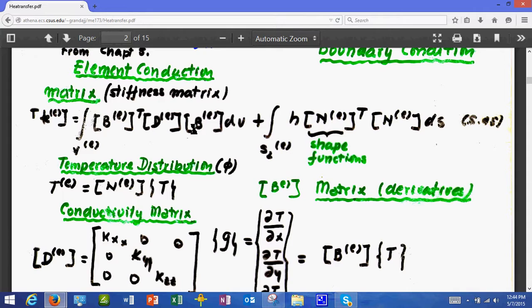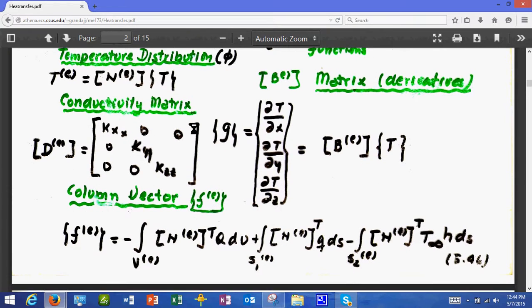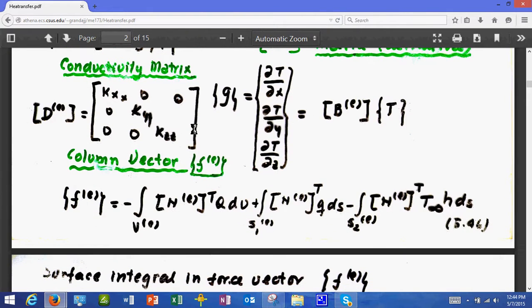And so you have this conductivity matrix, which is the one of the properties, and then you have this G, which in three dimensions obtains the gradient.